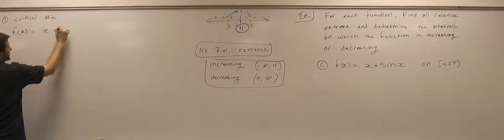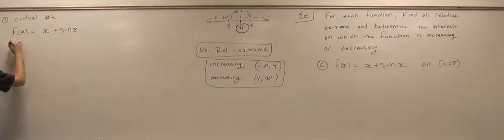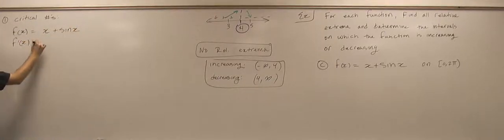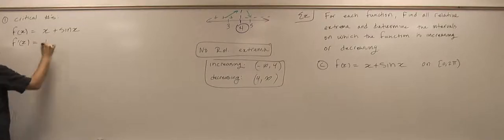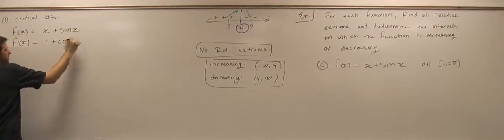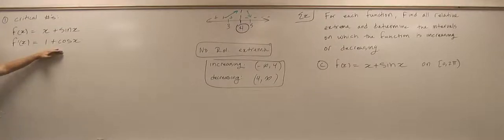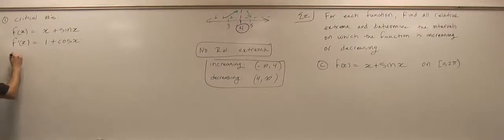So f is x plus sine x. f prime is 1 plus cos x. So this is always defined, which means I never have to worry about undefined for critical numbers, but I do have to worry about 0.